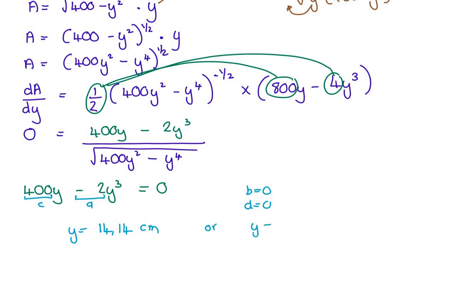Obviously it's not going to be 0, because then the rectangle wouldn't exist. If it didn't exist, that would lead to the minimum area, because the rectangle would be entirely flat. It wouldn't really exist as a rectangle, it would be a line, and so it wouldn't have an area. So this means we have to be working with 14.14.